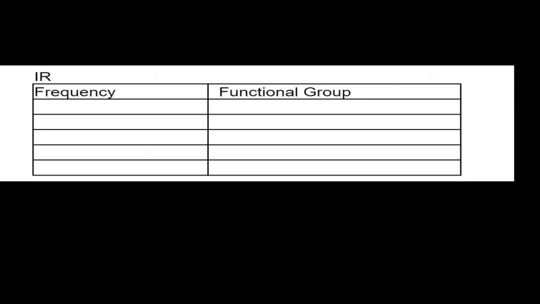Now I'm going to fill out my IR table. The first frequency would be around 2,950. Sorry for my horrible drawings. And that will be the CH3 functional group. Next we have 1,743, and that would be the carbon that is double bonded to the oxygen.